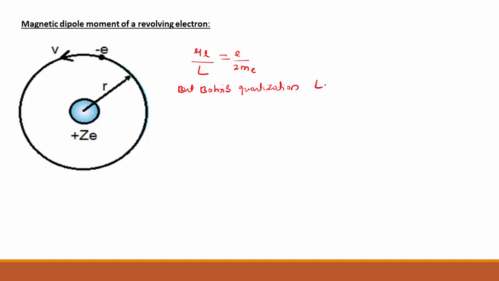You know that equation: L is equal to nh divided by 2 pi, or mvr equals nh divided by 2 pi, where n is equal to 1, 2, 3 and so on, and h is Planck's constant, whose value is 6.626 into 10 to the power of minus 34 joule second.